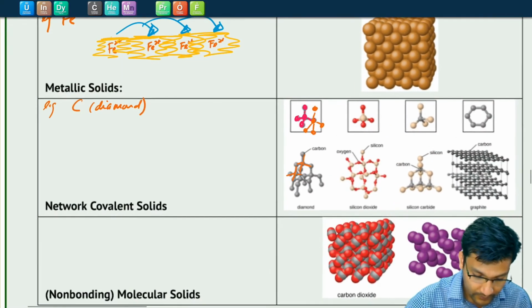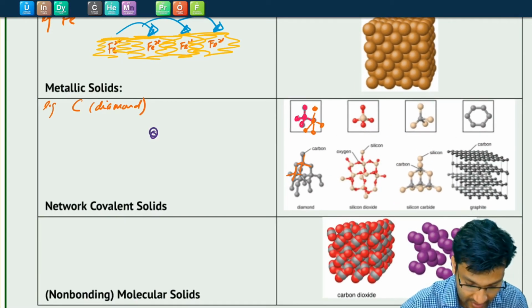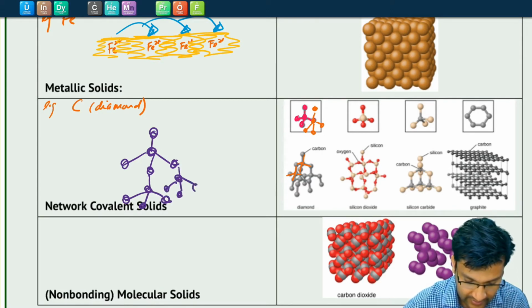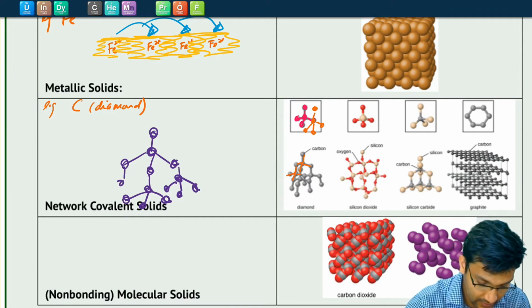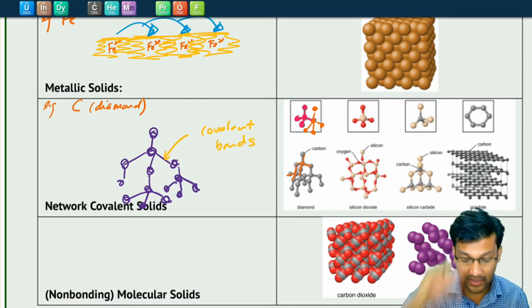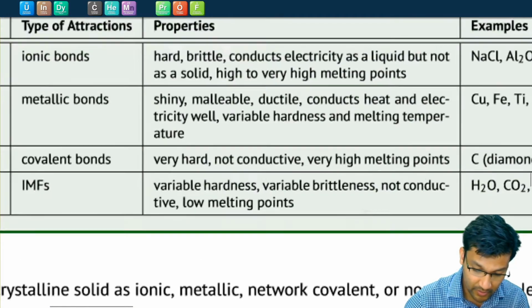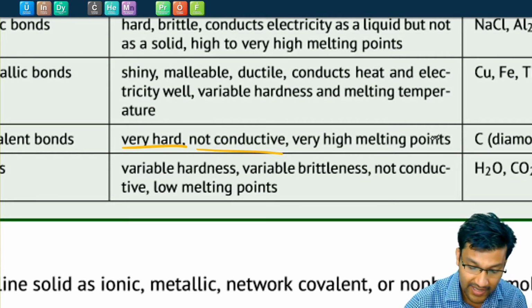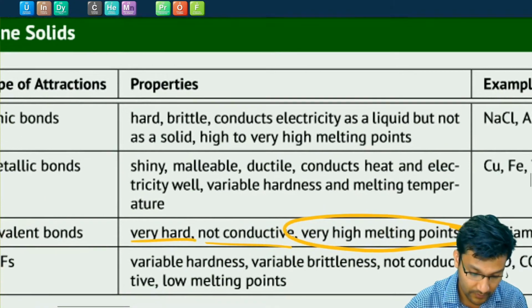So I don't want to draw it because my drawing is not going to be as good as what you already see, but you get the idea that they're covalent bonds, and we know that covalent bonds are very, very strong. They're not easily breakable. So these materials will be very hard. They won't conduct electricity because there's no charge to move around, and they would have very high melting points.